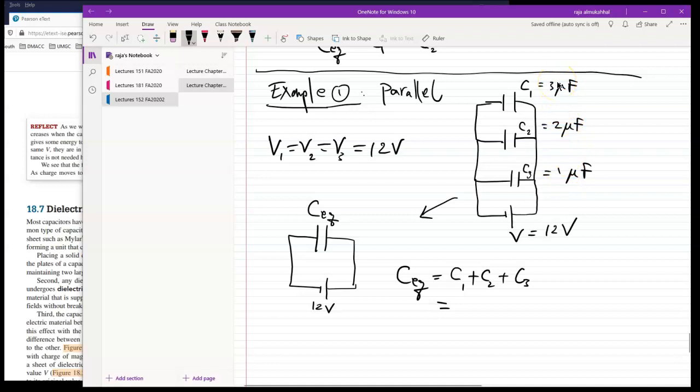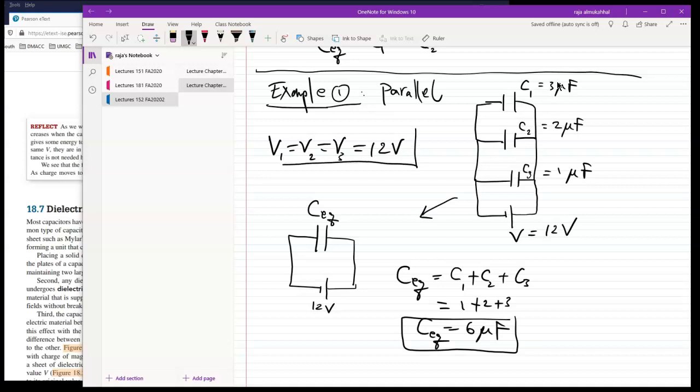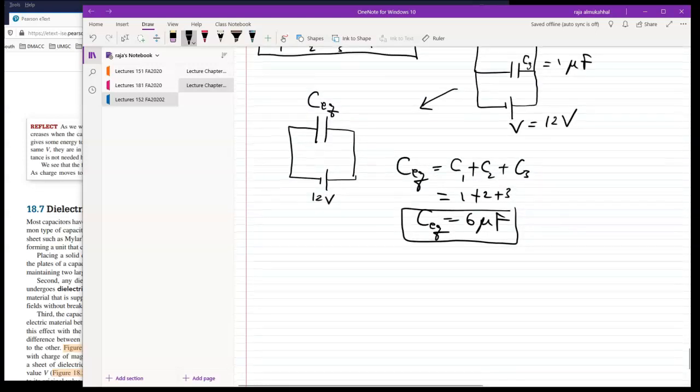That will be 6 microfarad. There we go. Let me box it. So the equivalent voltage for this circuit is the same as the one across the battery. So V equivalent is 12 volts as well.